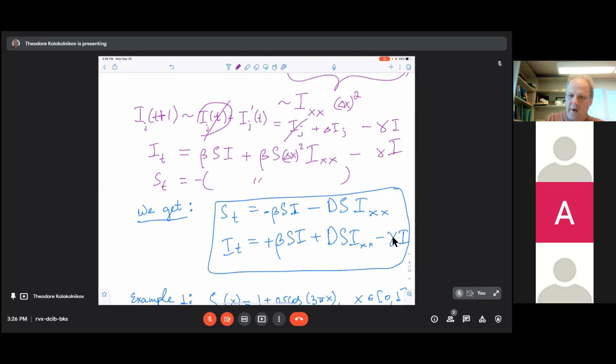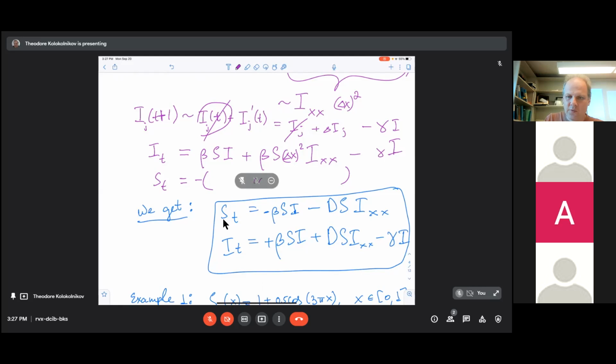So this is a state-dependent equation in the sense that both S and I are functions of time t and space x. And we have this kind of diffusion where the diffusion coefficient depends on S of x, so it's a sort of state-dependent diffusion.